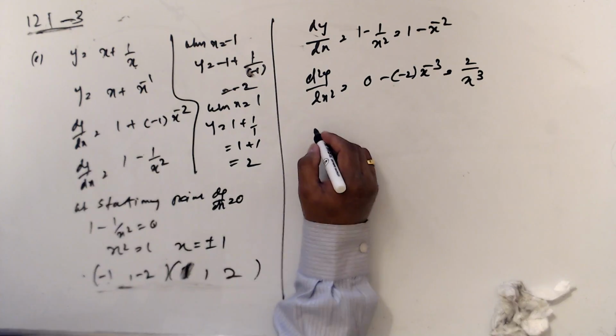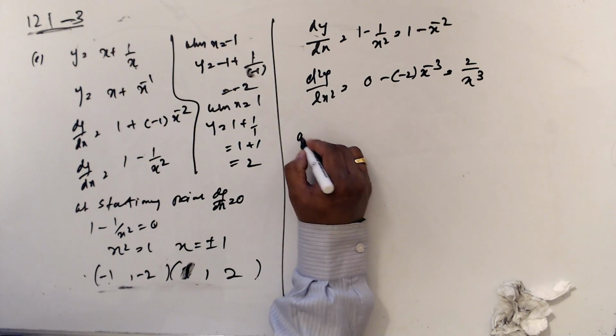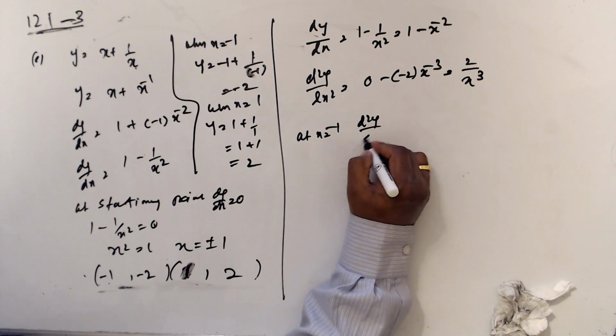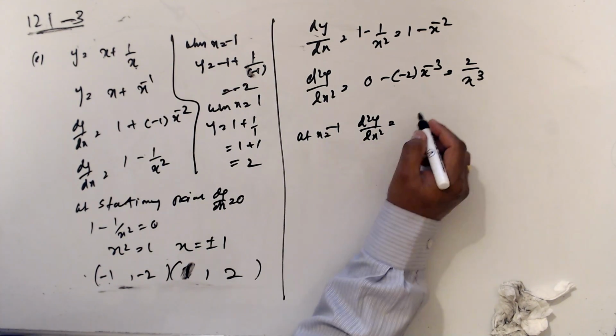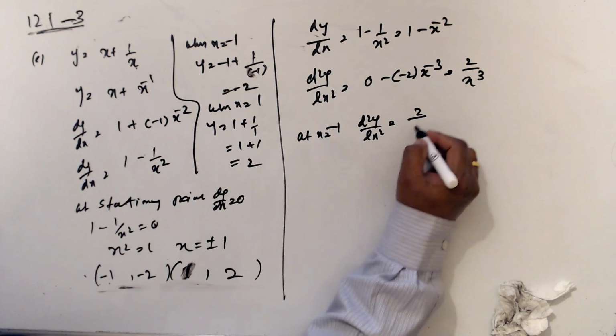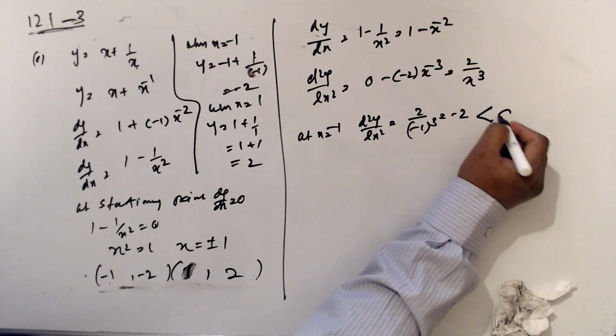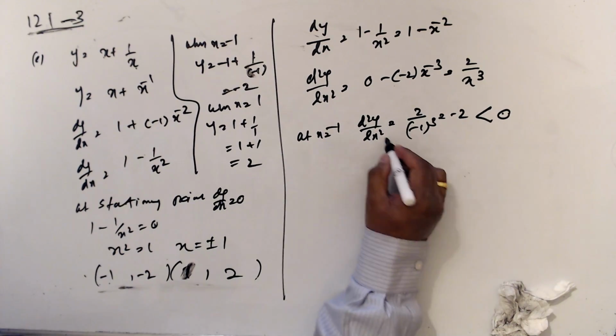Now at x equal minus 1, d square y over dx square equals 2 over minus 1 cube, which is minus 2, less than 0.